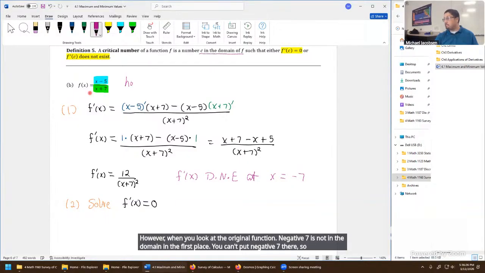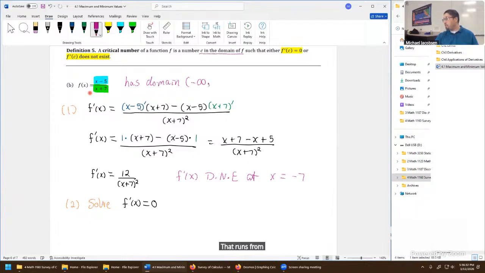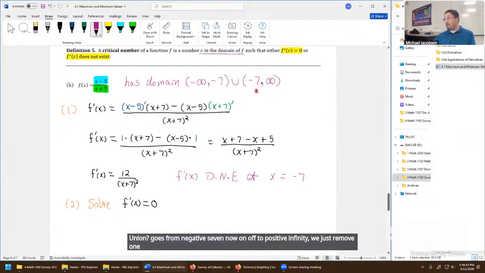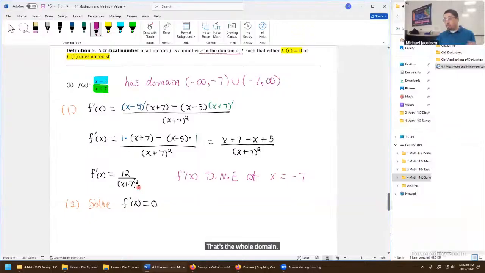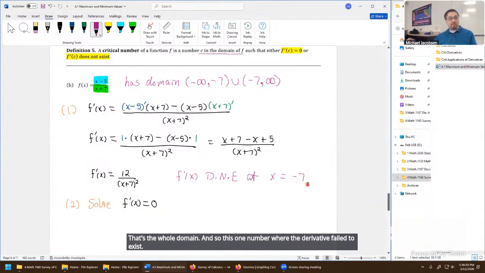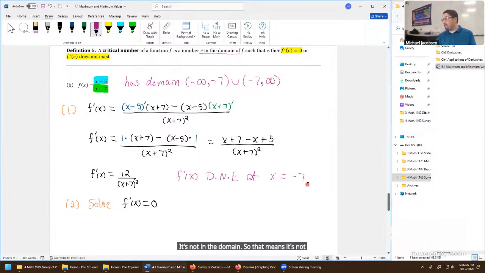So this has domain that runs from -infinity up to -7. Union goes from -7 now on off to positive infinity. We just remove one number from the number line, -infinity to positive infinity, in other words. That's the whole domain. And so this one number where the derivative failed to exist, it's not in the domain. So that means it's not even a critical number.